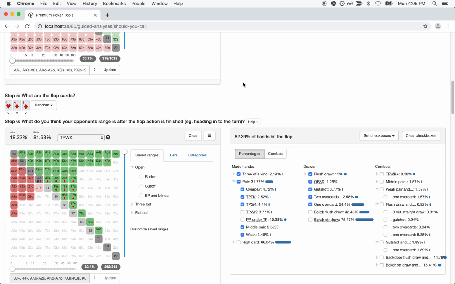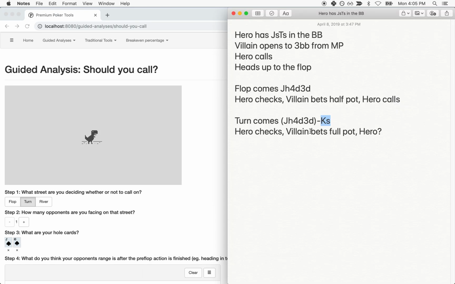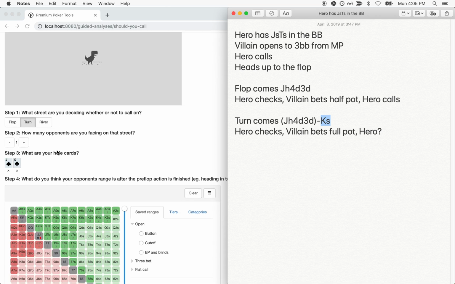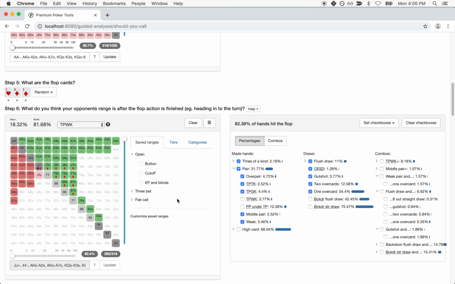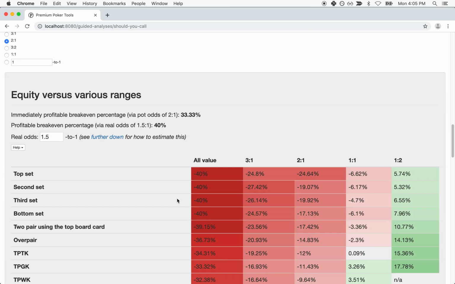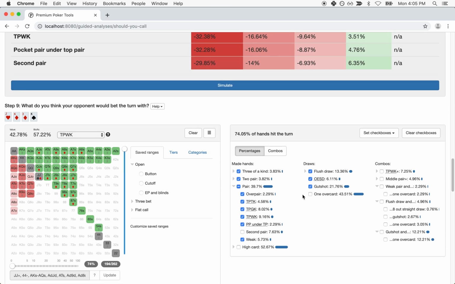So we've walked through the majority of this tool. Again, the idea is you take a hand and you follow the steps and you plug in the answers and the ranges that you put them on. And this tool is going to tell you whether you have enough equity to justify calling. I want to emphasize that it's important to really tweak the assumptions that you make and see what happens if they're betting with one overcard, what happens when they're not betting with one overcard or gut shots.